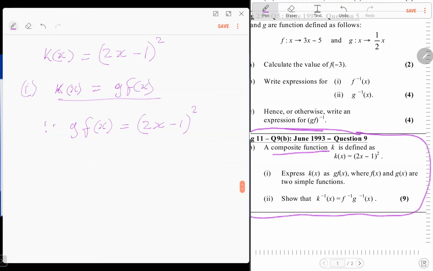What do we say? We say it's a two-step process. You must find the inner function first, which is this one. How do we do it? Let the inner function be equal to the expression within. Over here, the expression within would be 2x minus 1. That's our first step.